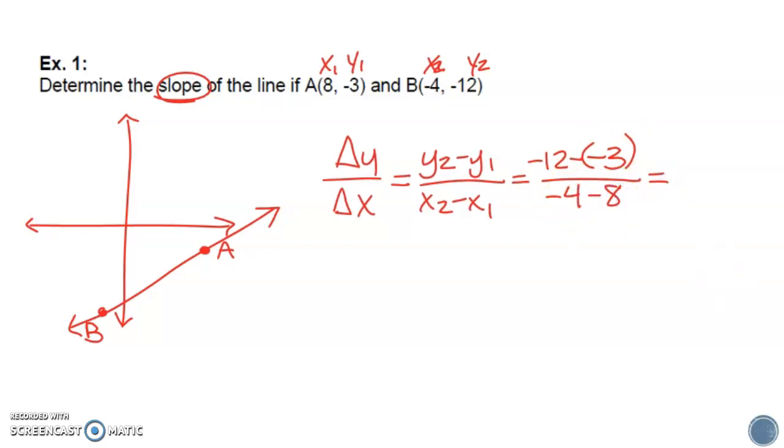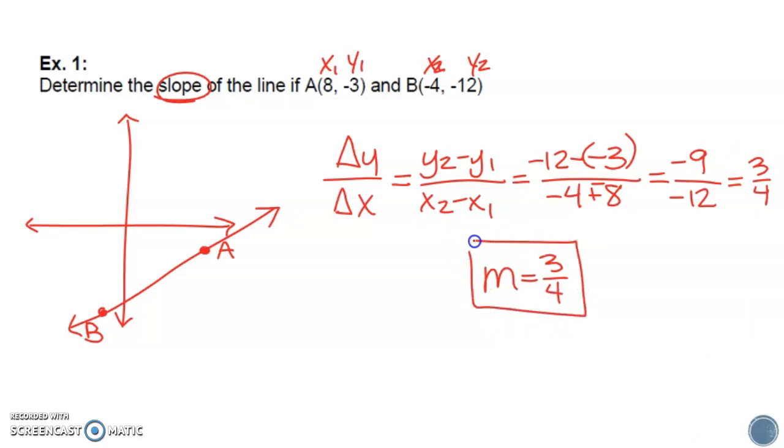So -12 minus -3 is like -12 plus 3, and -4 minus 8 is -12. I simplify and I get 3/4. So here my slope is a rise of 3, a run of 4, which is reasonable because based on my picture, it looks like I'm rising a little bit less than I'm running, and I'm going in a positive direction.